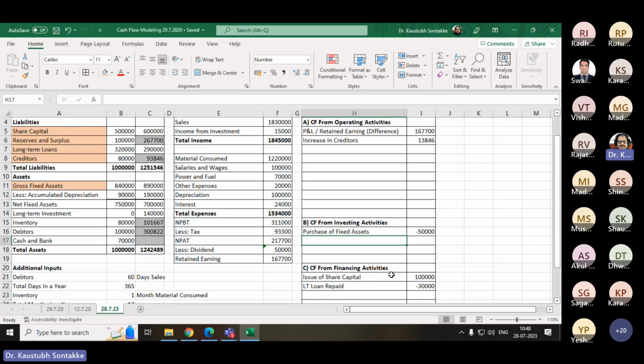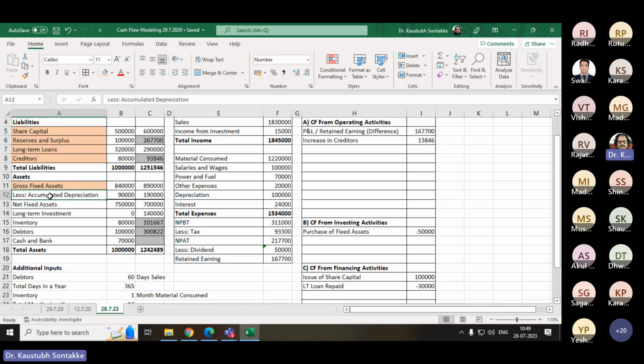Purchase of fixed assets is a cash outflow. When you take year 1 minus year 2, you will get outflow, and if it is reduced, you will get inflow, so it is correctly adjusted. I repeat, while building a cash flow in Excel, on the liability side you take year 2 minus year 1, and on the asset side year 1 minus year 2. So we are done with the fixed assets.